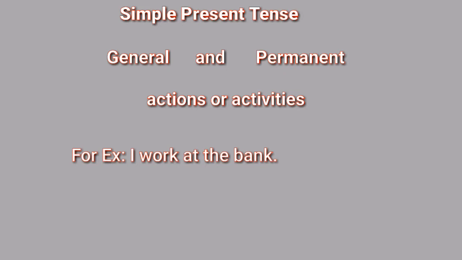So, if you are a bank worker or you work at a bank, that is your job. So you do that every day or always. So permanent means long time or always, a stay or a job, etc. As I said, we use simple present tense for permanent activities.